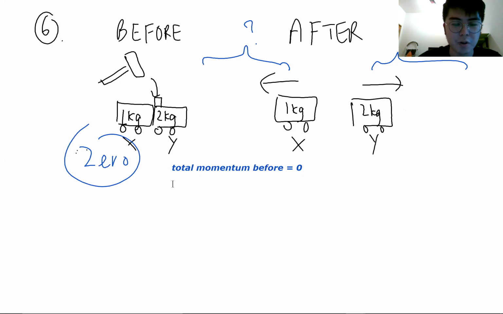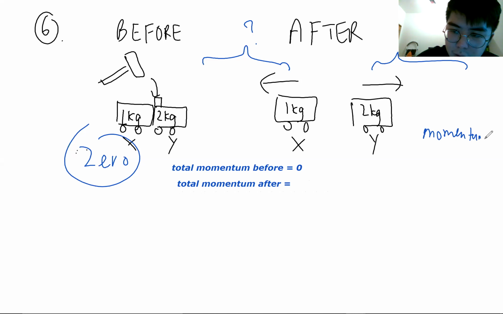Total momentum before is 0 and total momentum after is equals to how much? Let's work out the total momentum after, right? So you take the momentum of x, what is the symbol for momentum again? Momentum is p, right? So px. Now notice that x, after I hammer it, x moves to the left, means it is a negative momentum.